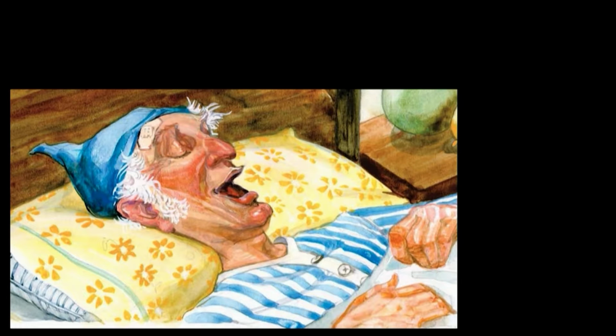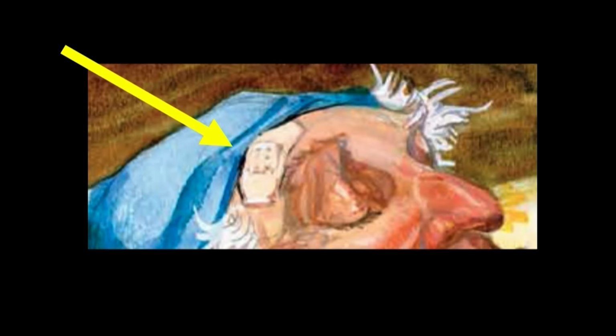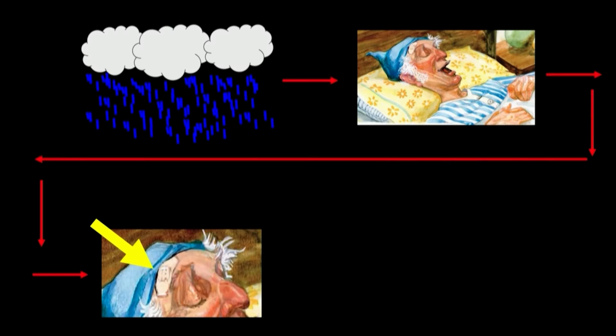So let's put this event second in our sequence. All right, so after the old man was snoring, what happened next? I heard someone say it. He bumped his head on top of the bed. Here's the picture of that event. Ouch! Let's put that as the next in the sequence.